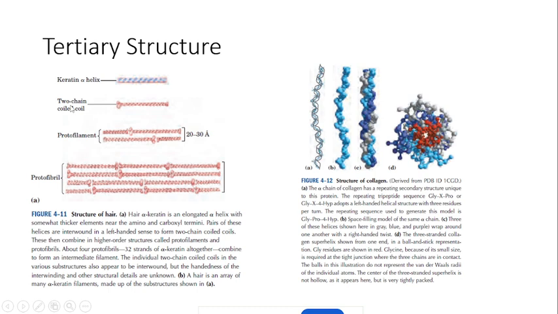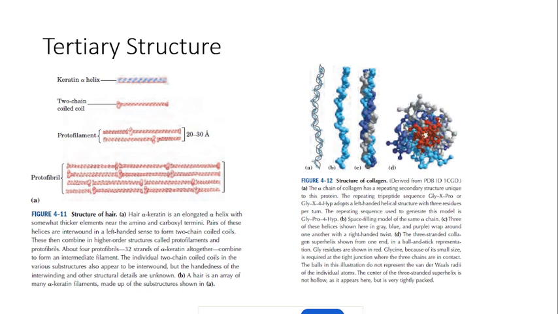As we saw, secondary structure forms between the amino acids of the same molecule, right? Yes.